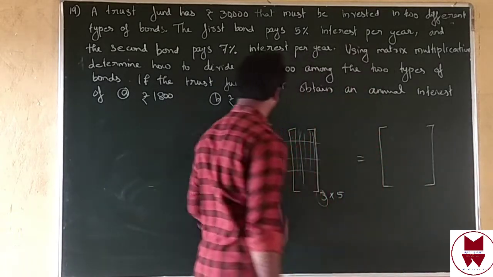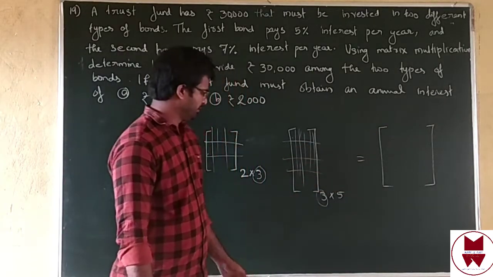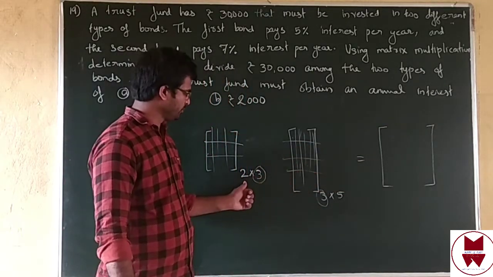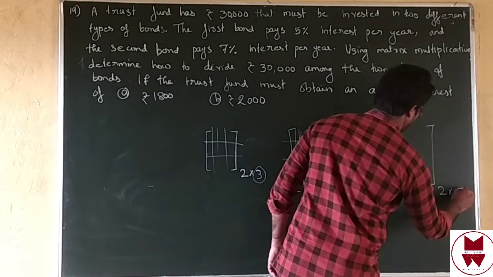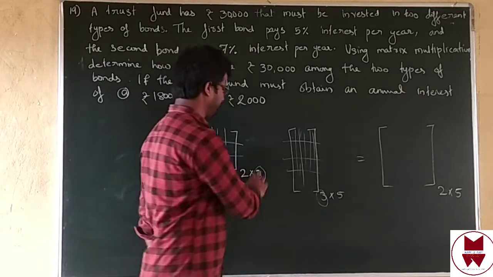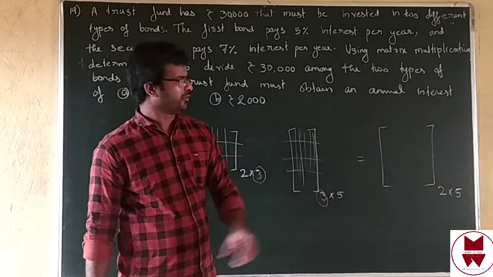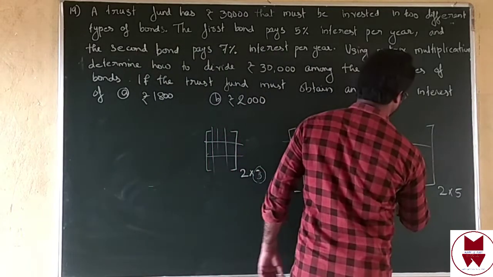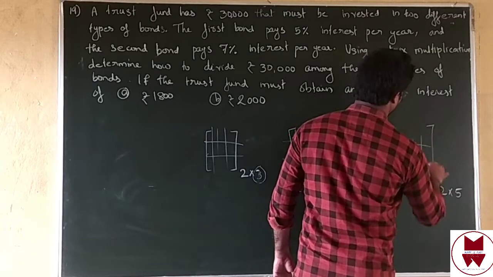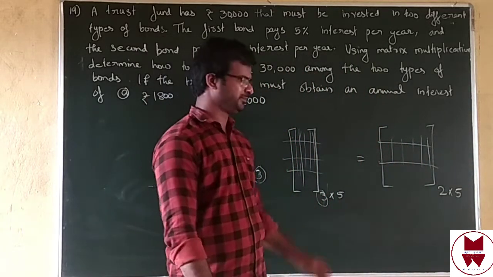The order of the resulting matrix will be 2 by 5. The 3 and 3 match, then the remaining 2 and 5 will be the order of our final matrix. In the answer, 2 rows and 5 columns are there. Keep this in mind.